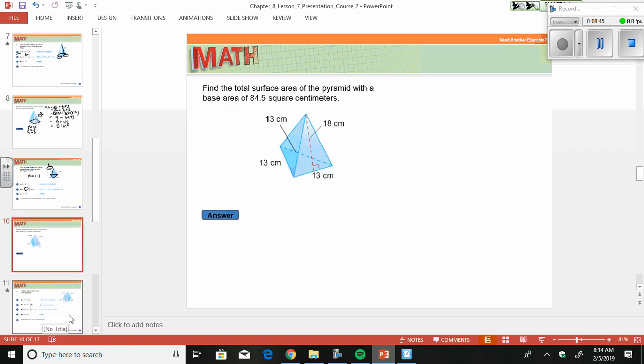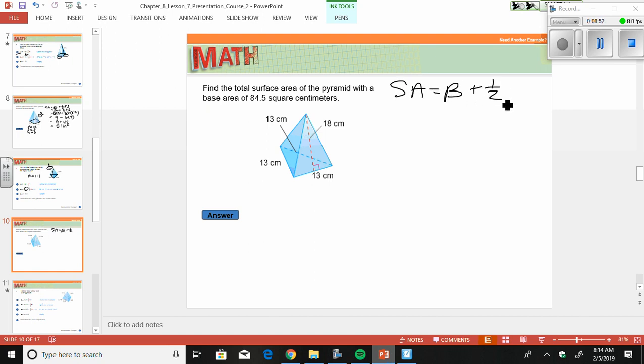So trying one. Again, surface area is equal to big B plus 1/2 times the perimeter times the lateral height. So find the total surface area of the pyramid with a base area of 84.5 square centimeters. Let's see.